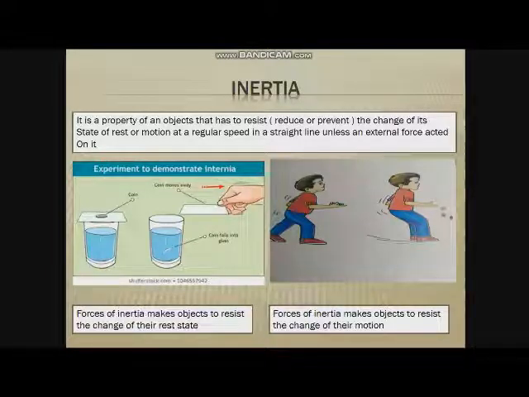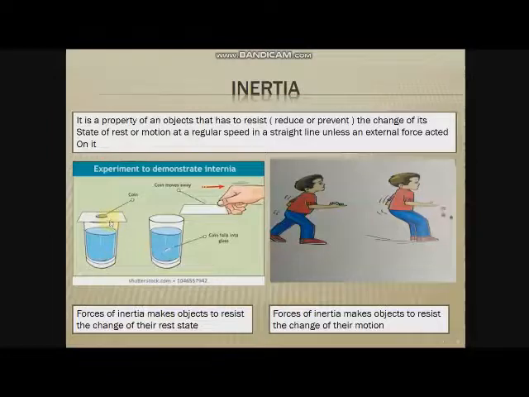So what's meant by the word inertia? Inertia means the property of an object to resist the change in its state, which means that the object needs to keep its state, so it resists the change. This state is either in motion or at rest.